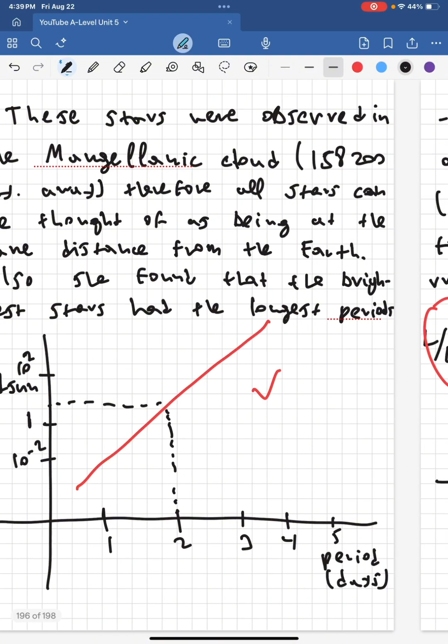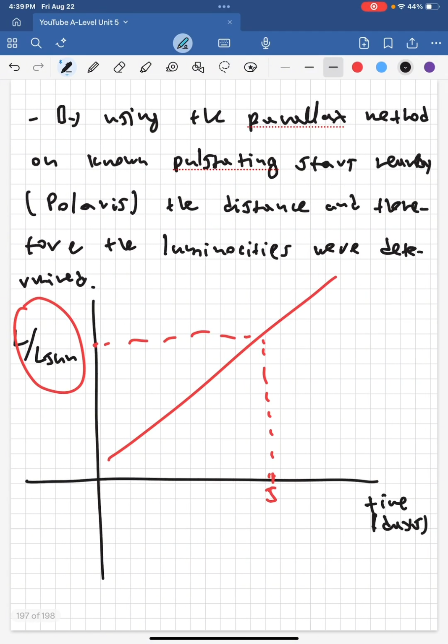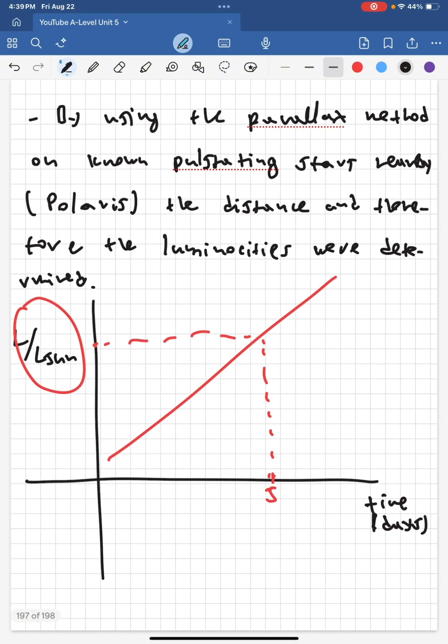Once they knew this, they looked for Cepheid stars in our galaxy and nearby, and pulsating stars for which the parallax method can be used to find their distance, okay? So the distance was found, and once you know the distance, you know the luminosity. And then they converted this graph of intensity to this graph of luminosity.